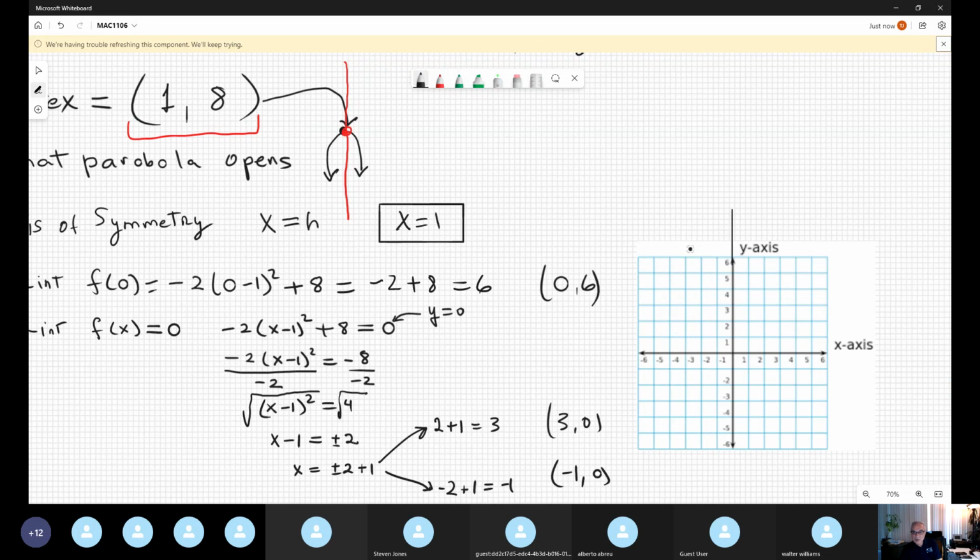I suppose this is 6, this is 7, and this is 8. With x equals 1, bang! This point is (1, 8): 1 is the x value, 8 is the y value. I have another point, (0, 6), the y-intercept.